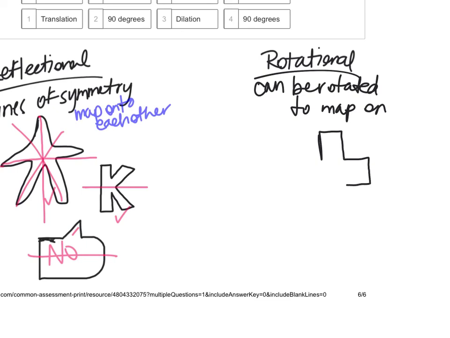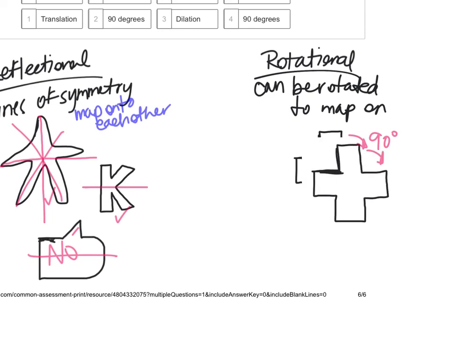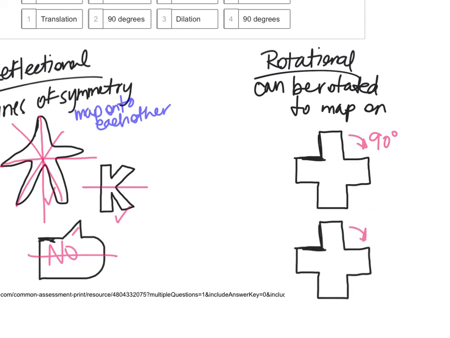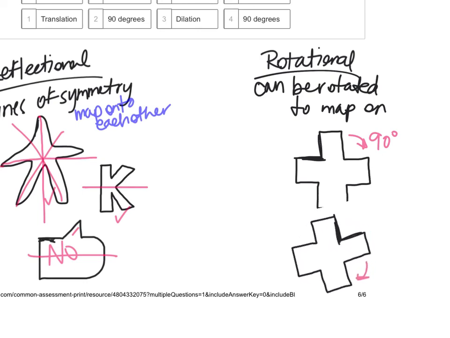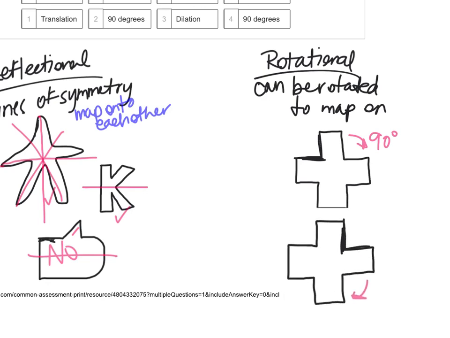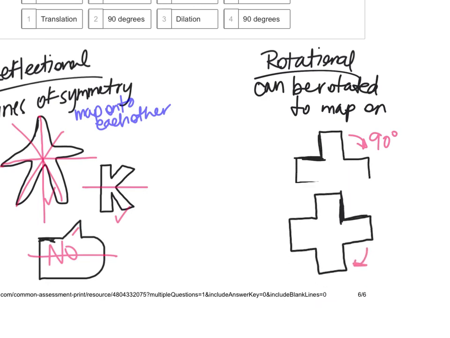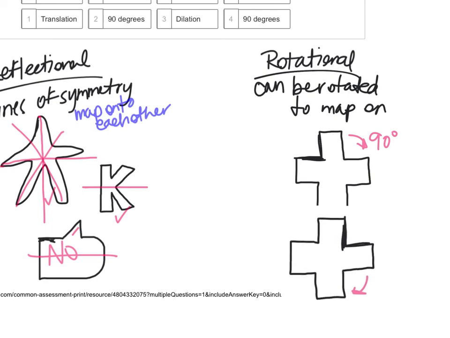Technically, if we rotate this 90 degrees, if I was to copy it, in a perfect world, and rotate this image, see how we rotated it? Well, technically that would be a 90-degree rotation, not 45.